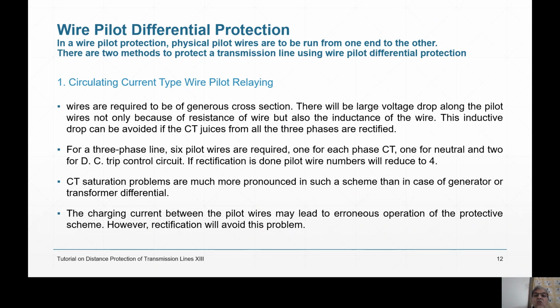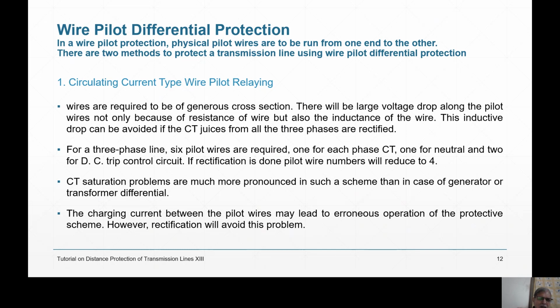Therefore, there should be thick wires, so that increases the cost. And because it is a 100-kilometer long line, there will be a large voltage drop because some resistance will be there. Not only resistance, because it is AC, there will be inductance also. So impedance drop will be there. So when it comes to the relay, probably the operating juice is not available and the relay may not operate.